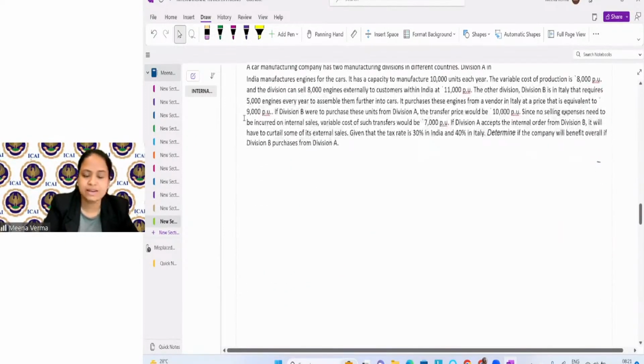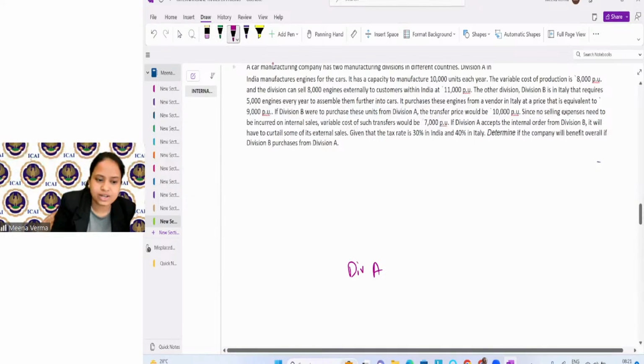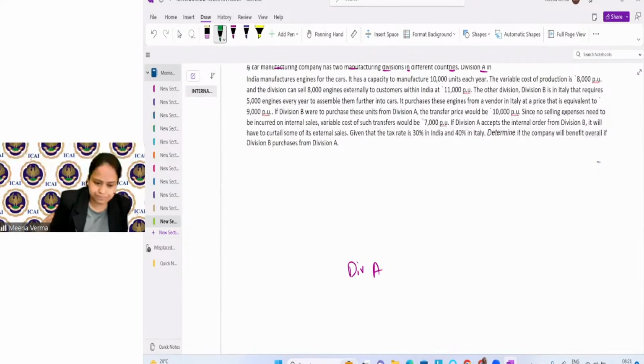Okay, so let's make a diagram of whatever is written here. Chalo, let's make a diagram. So what do we have here? We have a division A. A car manufacturing company has 2 manufacturing divisions in different countries. Division A is in India.